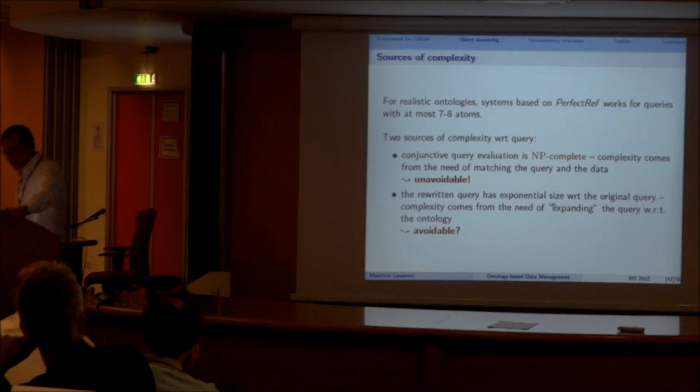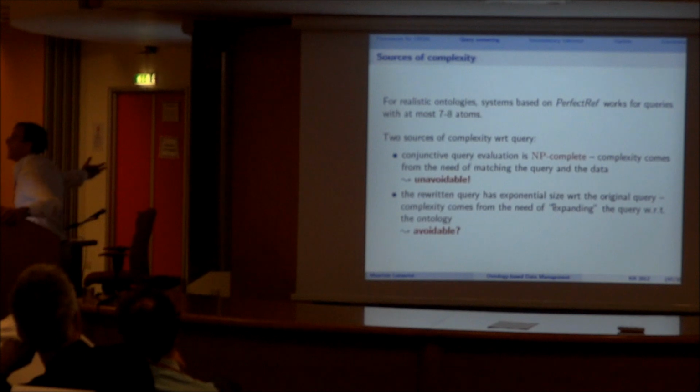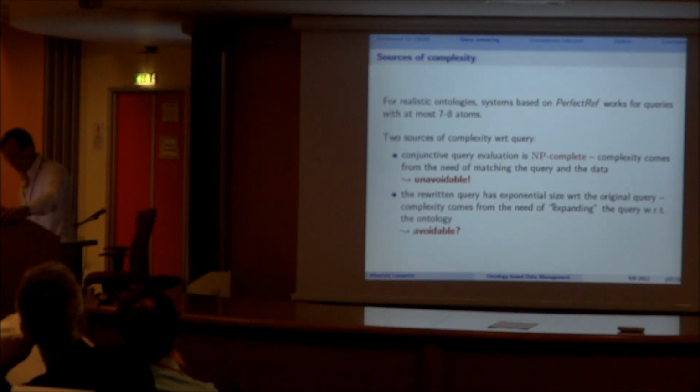In the first experiments, we realized that the perfect ref algorithm works for queries with at most 7 or 8 atoms. But queries in the real world are much larger. For example, in this experiment, queries might be something like 12, 15 atoms, and we really had a problem in dealing with this.